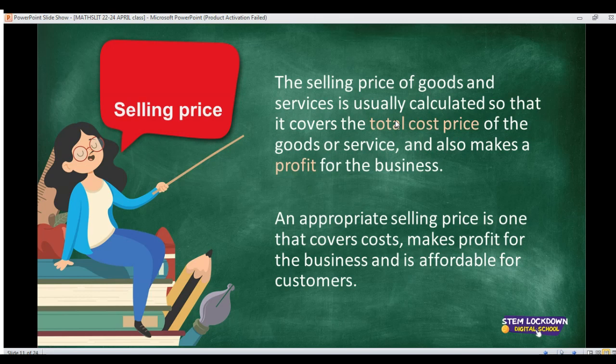So you can even work out all your costs properly, to the T. But if you are not offering a service that people actually want or need, then you will run at a loss, because people won't buy that product, they won't buy that service.